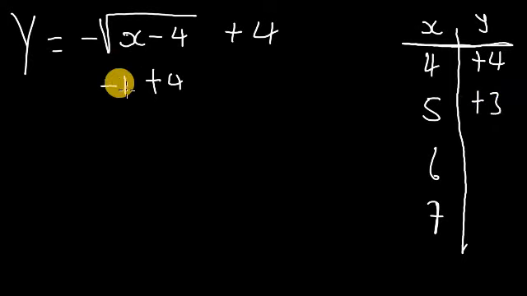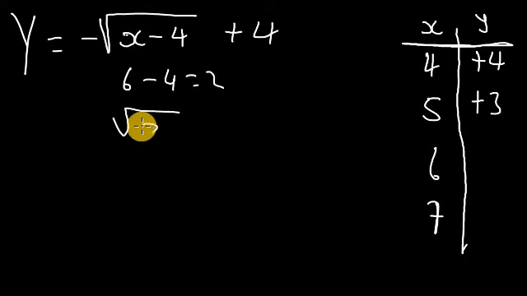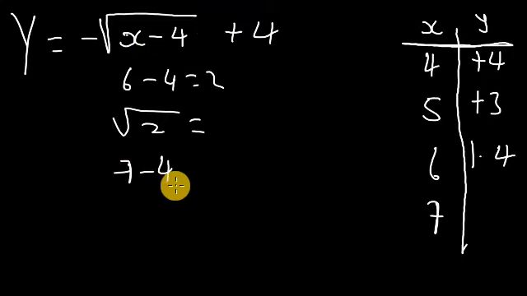Okay, that's perfect. When x is 6, we have 6 minus 4, that's simply 2, and the square root of 2 should be, let me use my calculator at this point, simply 1.4, for instance. And when x is 7, 7 minus 4 is simply 3, and the square root of 3 should be 1.7, and minus 1.7 plus 4, that's 2.3.